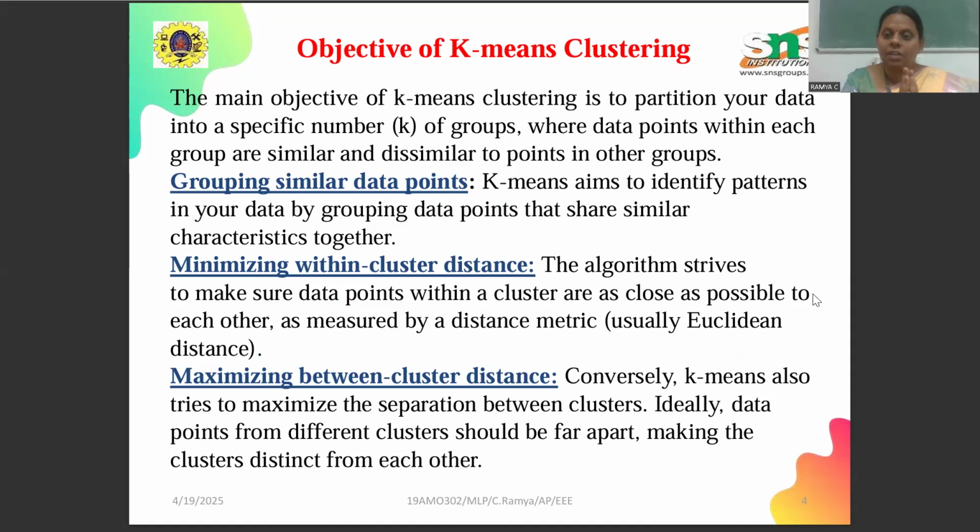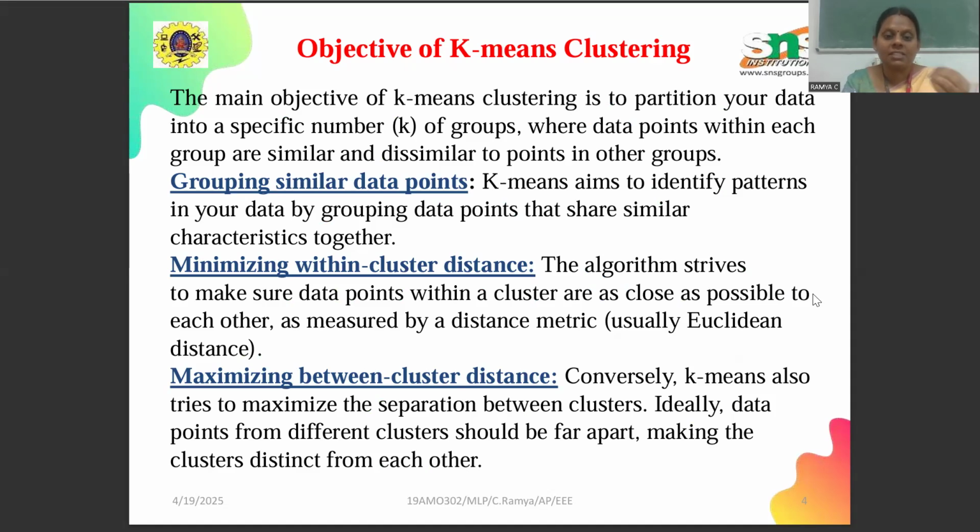The second main objective of K-means clustering is to minimize the within-cluster distance. That is, the same data points should be as close as possible to each other, which is measured by the distance formula. In the previous algorithms, we discussed some of the distance formulas; here we are using the Euclidean distance formula.